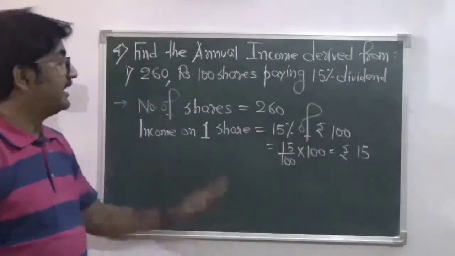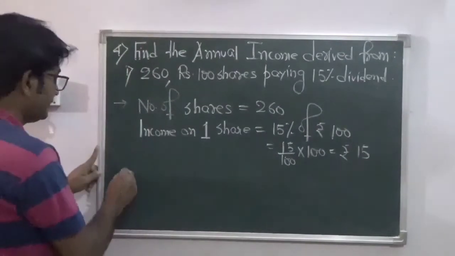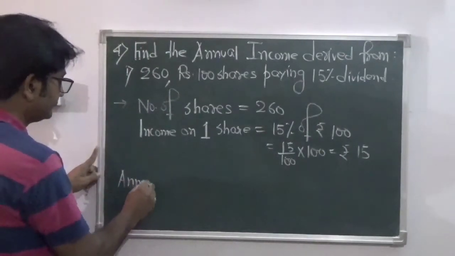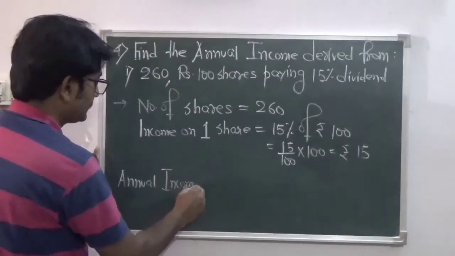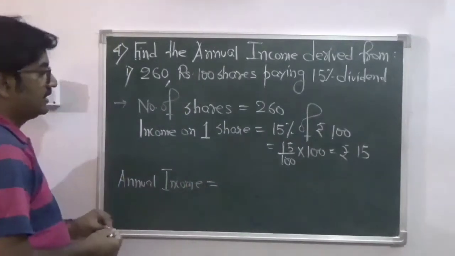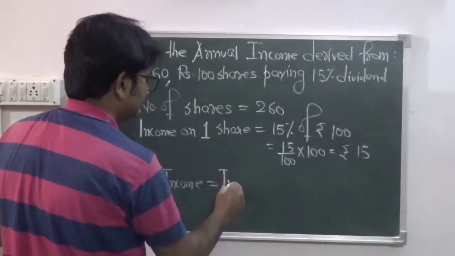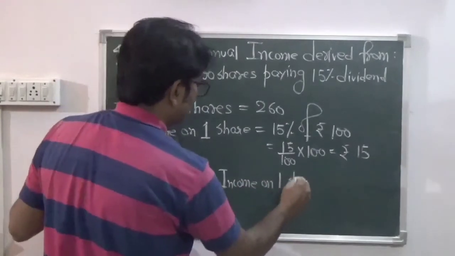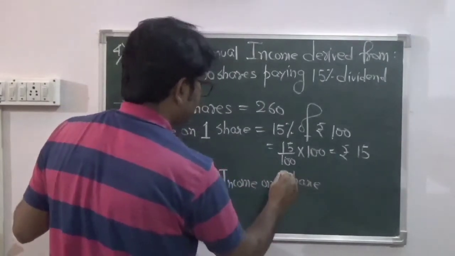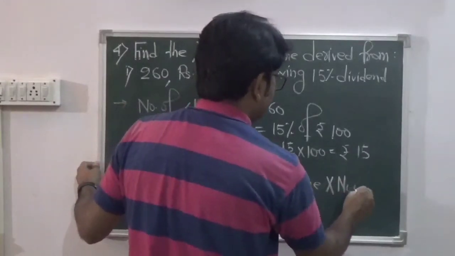So you need to find the annual income derived from 260 shares. So the annual income equals to how much? That is income on one share multiplied by number of shares.